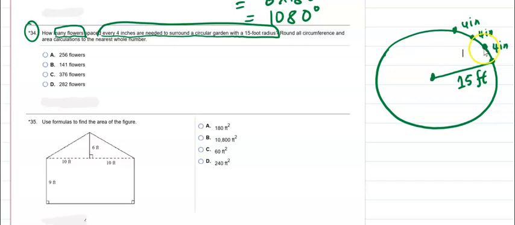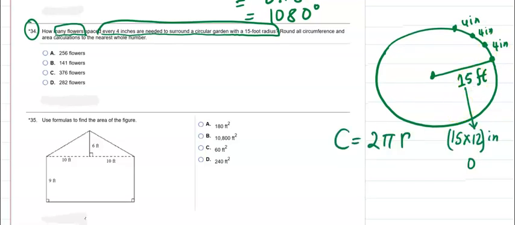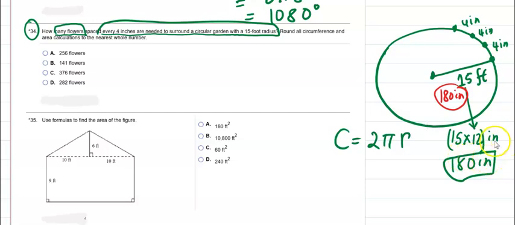Notice that there is a space between the flowers, but I want these feet also to be in inches. So 15 feet equals 15 times 12 inches, which gives you 180 inches. So the radius is 180 inches. Again, 1 foot equals 12 inches.